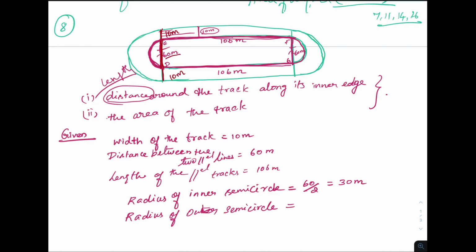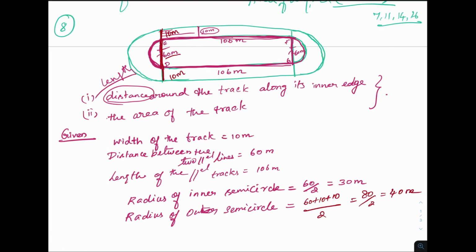So outer diameter will be 60 plus 10 plus 10, that is 80, divided by 2 gives 40 meter. I hope you all understand.